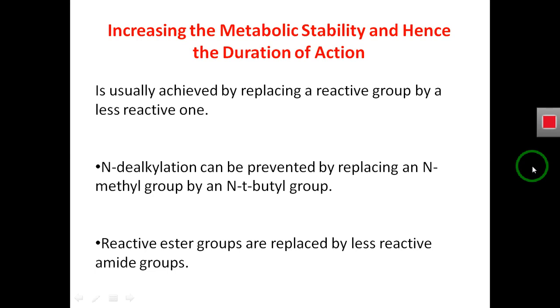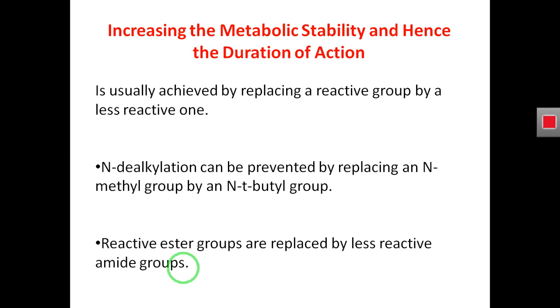For example, if we have an anti-cancer drug with an ester functional group, this ester functional group is more reactive, and when it reaches the liver it undergoes a phase 2 reaction, and then the drug is excreted from the body.